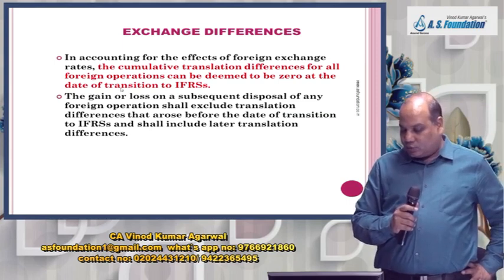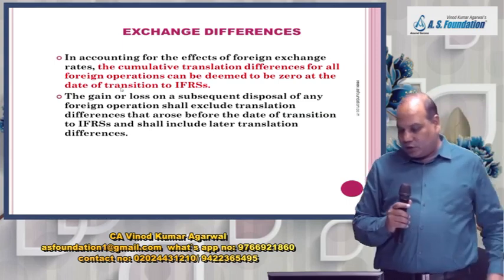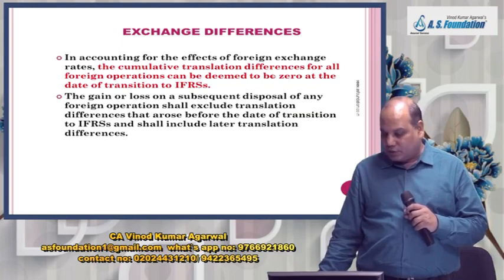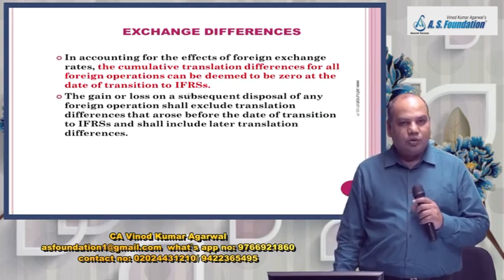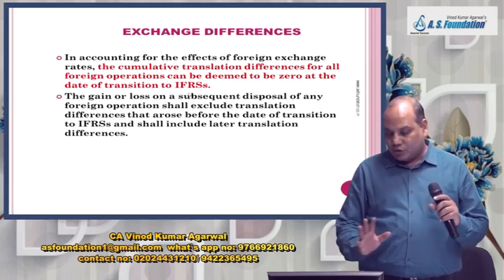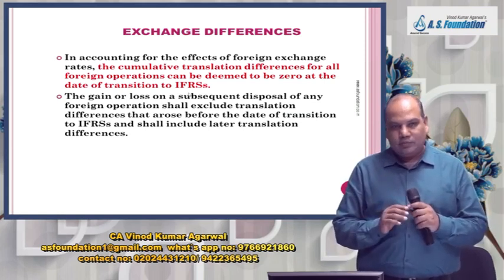Now, in accounting for the effect of foreign exchange rates, the cumulative translation difference for all foreign operations can be deemed to be zero at the date of transition to IFRS. So the standard says, suppose you have foreign operation.